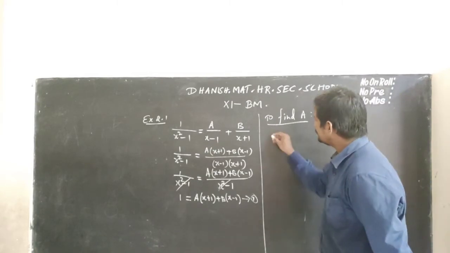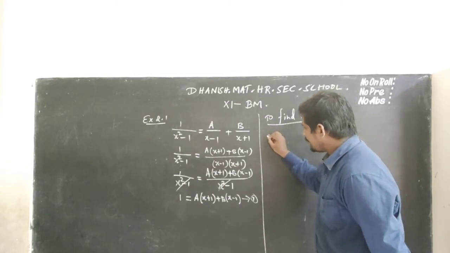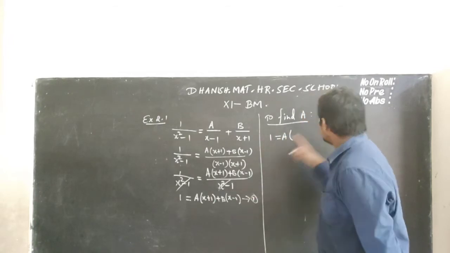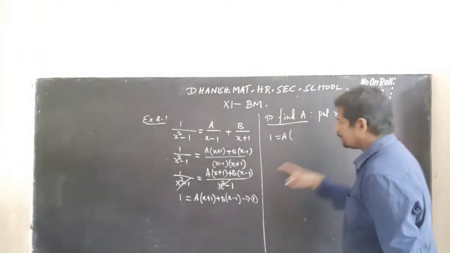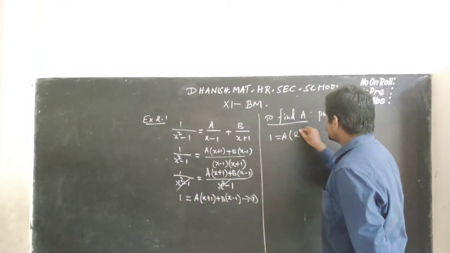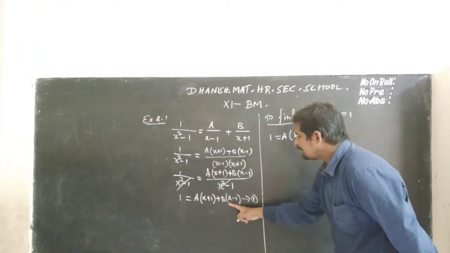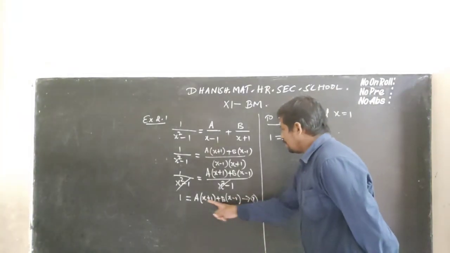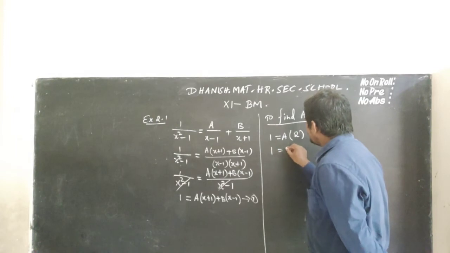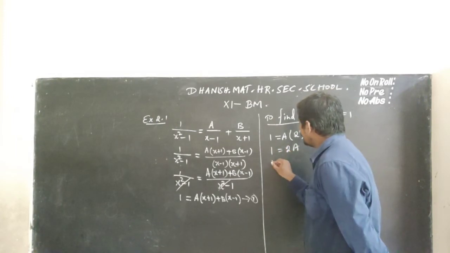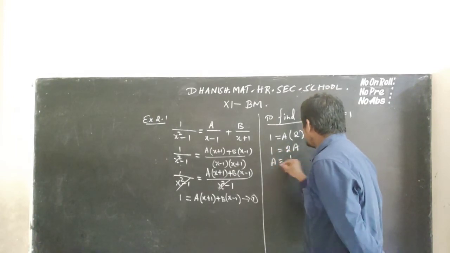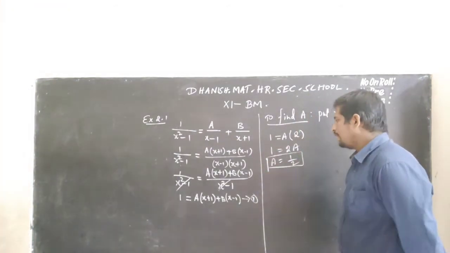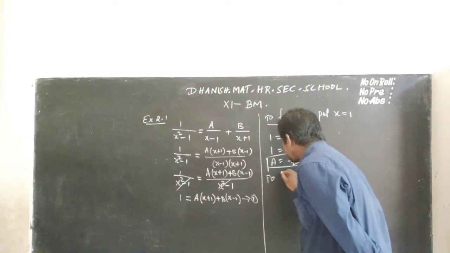Equation 1 becomes 1 equals A into, instead of x I am going to put 1, so 1 plus 1, 2, plus this term will become 0. So 1 equals 2A, so A equals 1 by 2. We got A value.